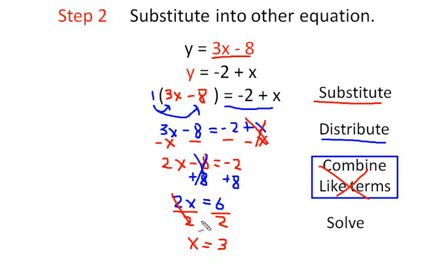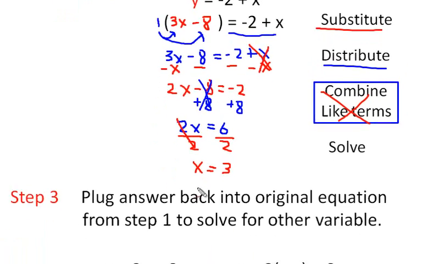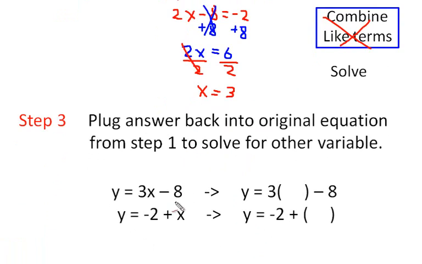I'm going to plug this into one of my equations to solve for y. Okay, so going to step 3, since these are both solved for y already, I can actually pick either one. So let's go ahead and do it for both. So for x, I found out x was equal to 3, so for x I'm going to plug in 3 for both of these. Okay, for this top equation I have 3 times 3, which equals 9, then minus 8.